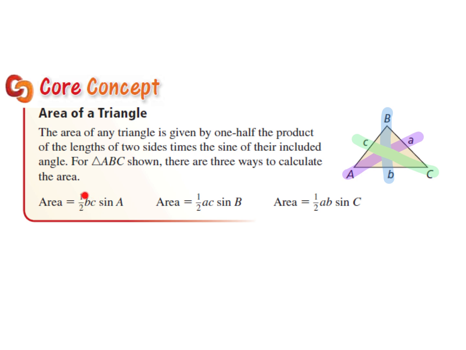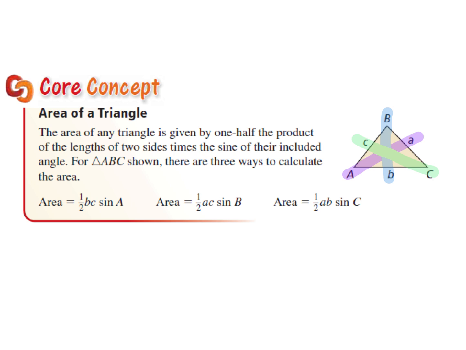I have sides B and C and angle A. I have sides A and C and angle B, and then I have sides A and B and angle C. So the area of a triangle is given by 1/2 the product of the length of two sides times the sine of the included angle. So it's a side angle side.